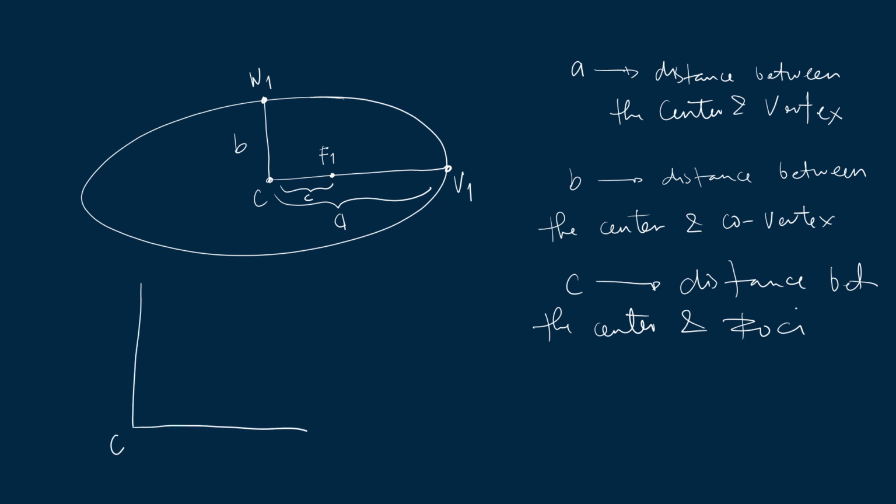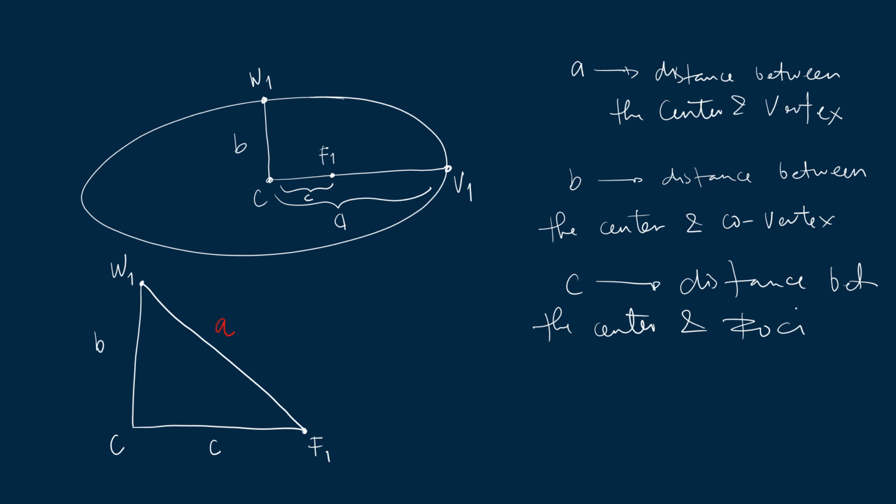Again, center to covertex W sub 1 is b units, and then center to the foci, because it is shorter and closer to the center, is represented by c units. When we discussed the ellipse, the distance between the covertex and the foci is equal to the distance between the center and the vertex, represented by variable a.